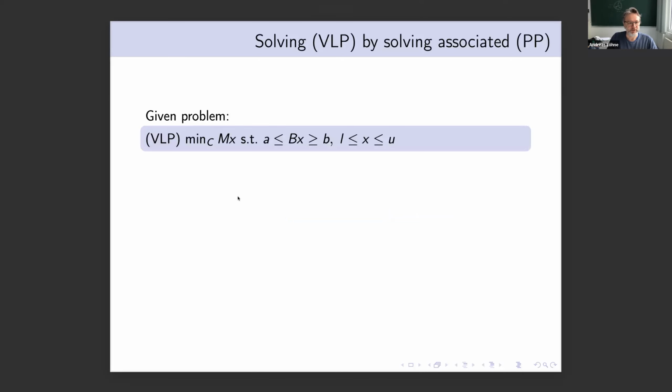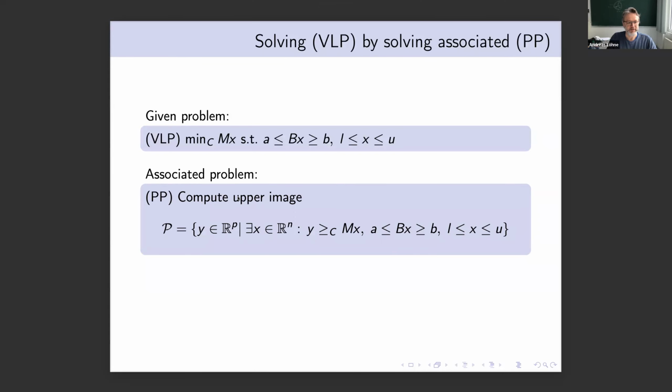So let us start with a vector linear program. This is the opposite way, and we can associate the corresponding polyhedral projection problem. What kind of polyhedron is it here? This is just the upper image. This is a P representation of the upper image of this VLP.